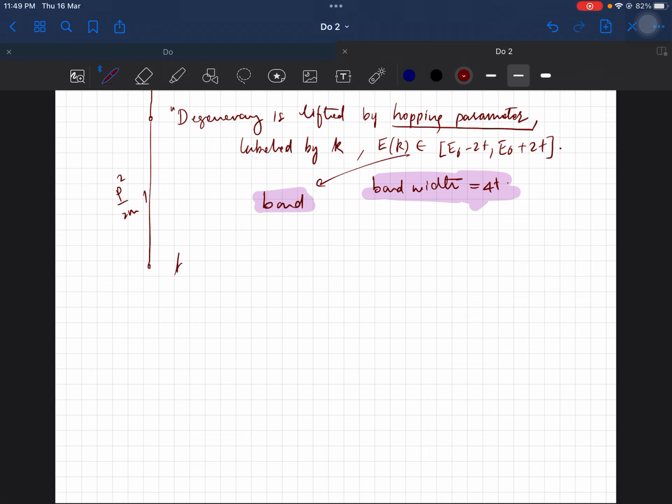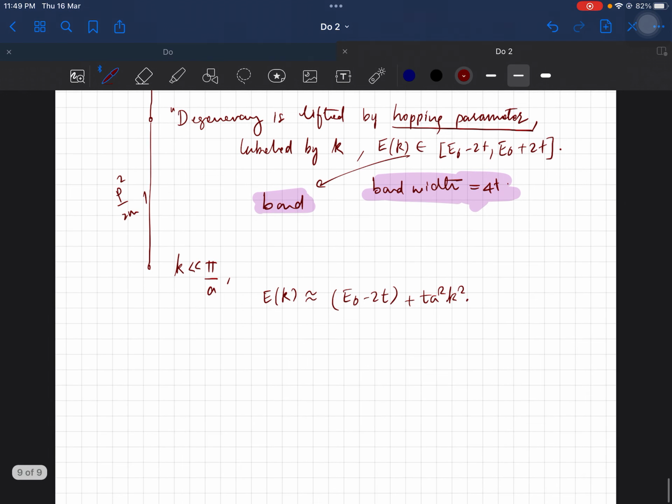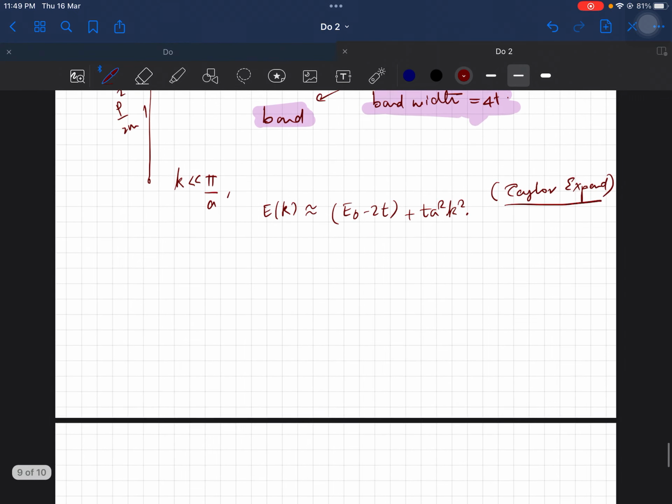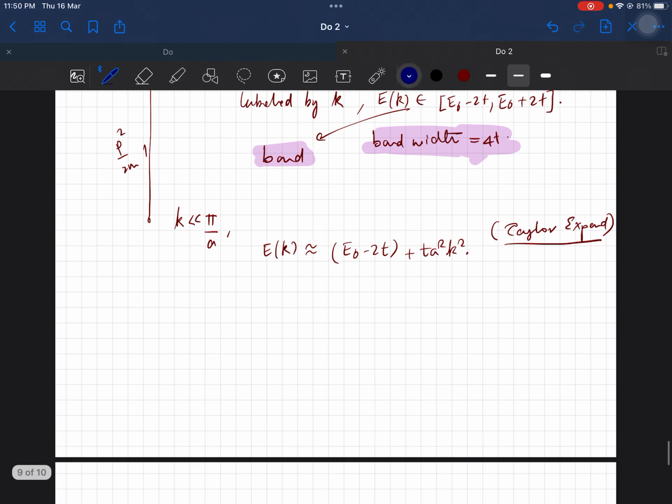Other thing, for k smaller than pi by a, you can Taylor expand the energy as E0 minus 2t plus t a square k square. Taylor expanding, up to a constant, this takes the form of a free particle energy.